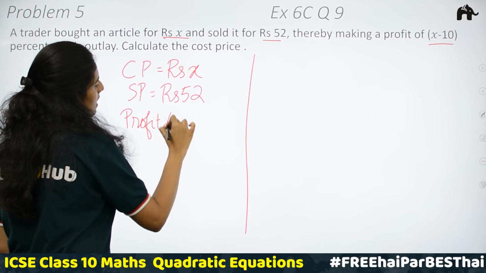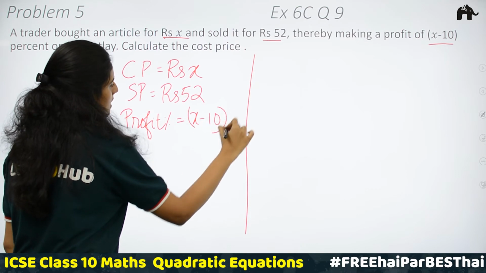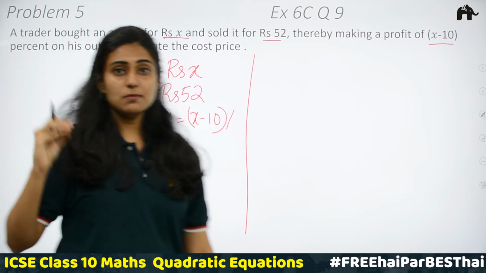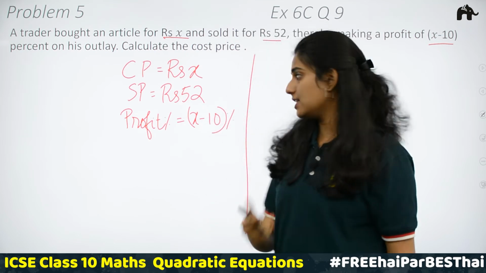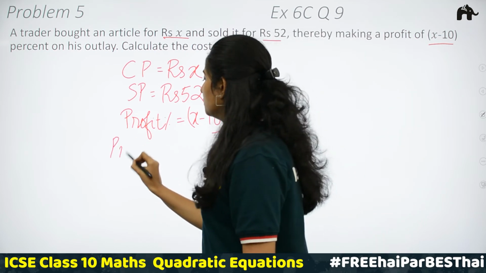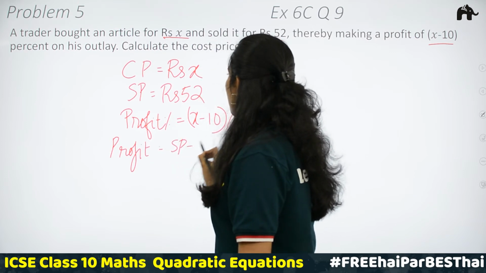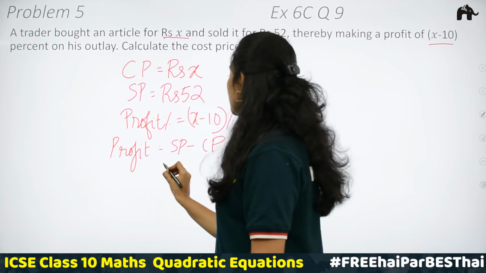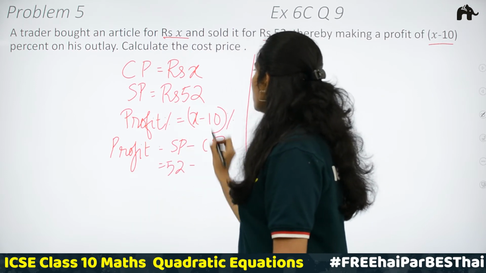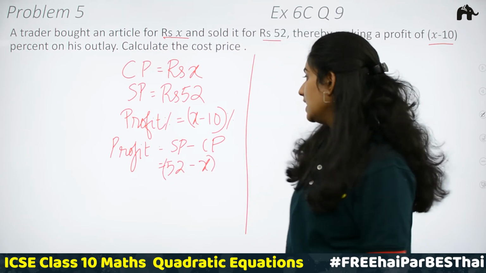Profit percentage is equal to X minus 10%. When selling price is greater than cost price, in that case we will have a profit, right? Profit is equal to selling price minus cost price. Here the selling price is 52 and cost price is X. Profit is equal to 52 minus X.